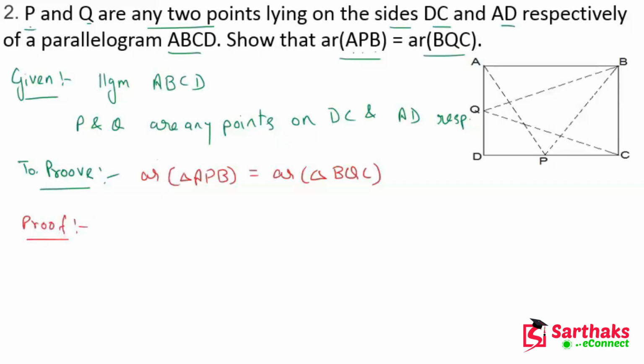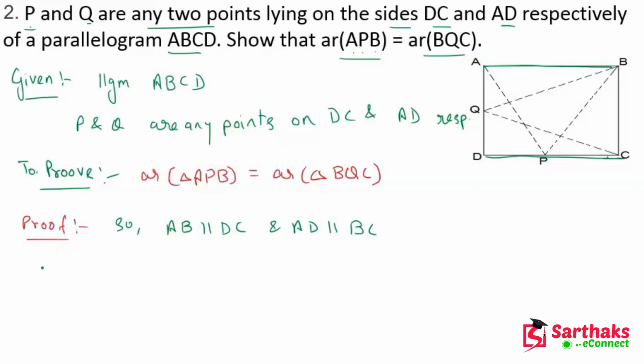We know that ABCD is a parallelogram, so AB is parallel to DC and AD is parallel to BC, because opposite sides of a parallelogram are parallel. Triangle APB and parallelogram ABCD lie on the same base AB and are between the same parallel lines AB and DC.